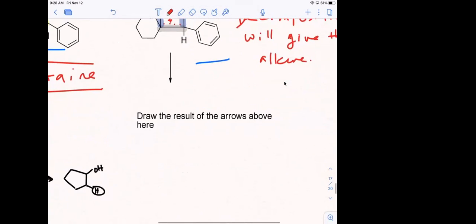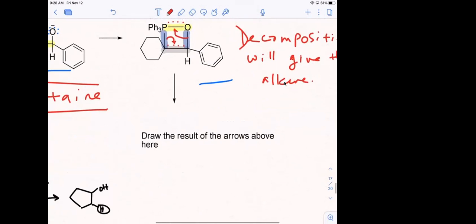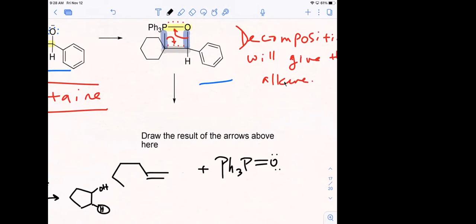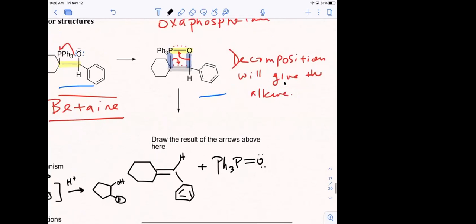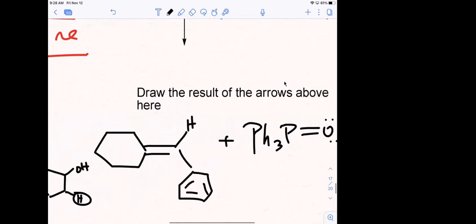And that's going to give me this product. And it's also going to give me this product. Right, which is the same alkene I had drawn up top.